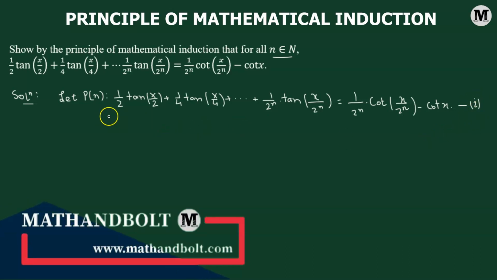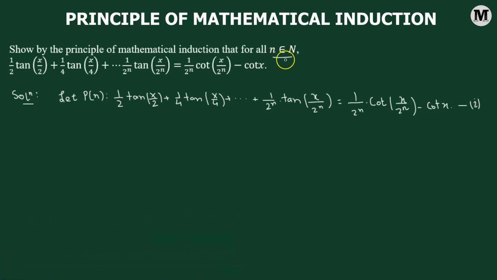Now our goal will be to verify that this is a true statement regardless of any natural number that we choose. First, we are going to choose the natural number 1. So for n equals 1, our statement becomes P of 1. Since this is the nth term, we replace n with 1.